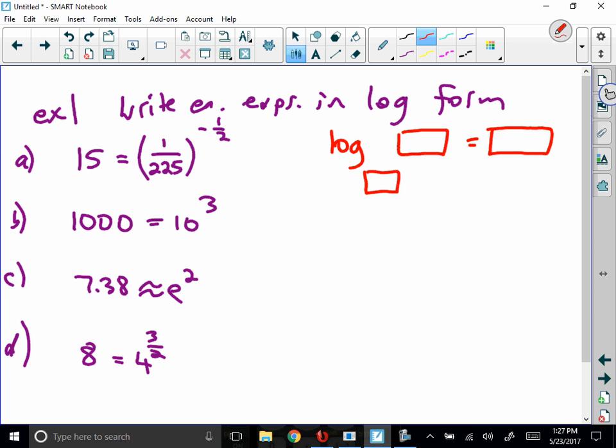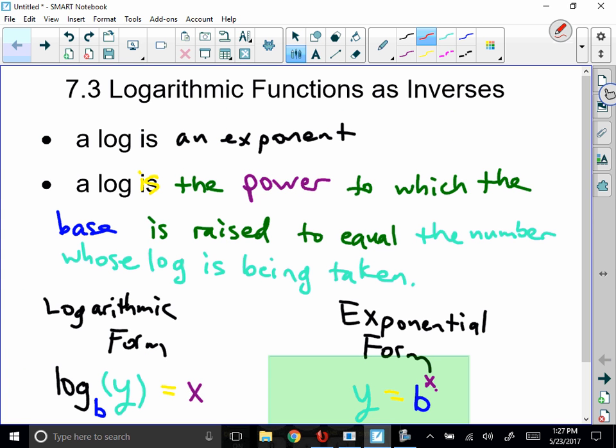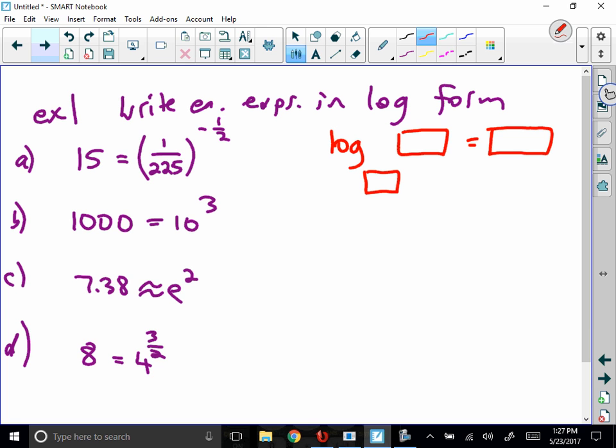In exponential form, the base is the b, the thing that's being raised to a power. So in this particular case, our base is what? 1 over 225. Good. Now remember what a log is. A log is a power. A log equals the power. So all that is going to equal the exponent. So everything's going to equal what?